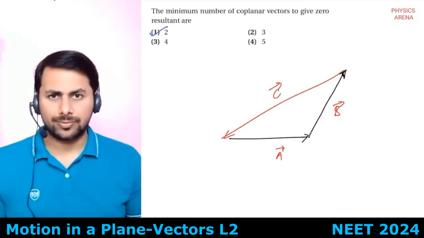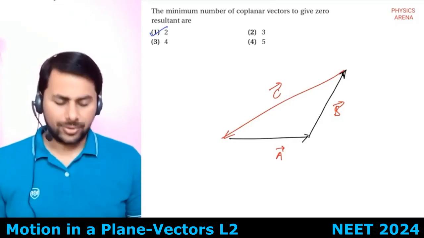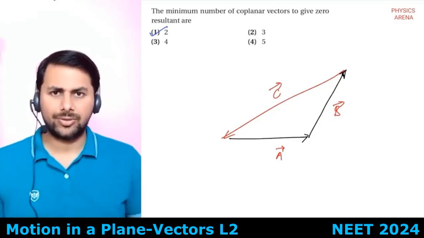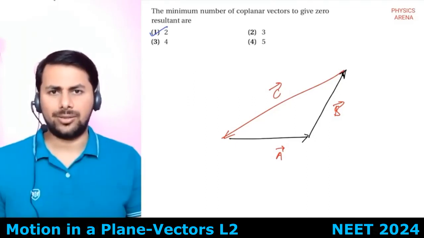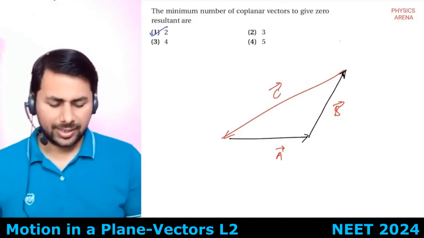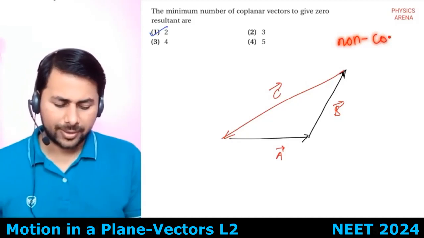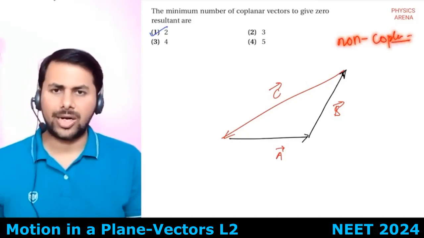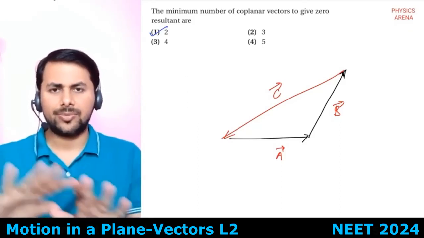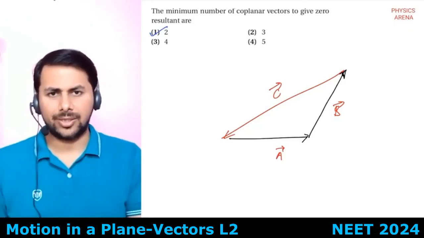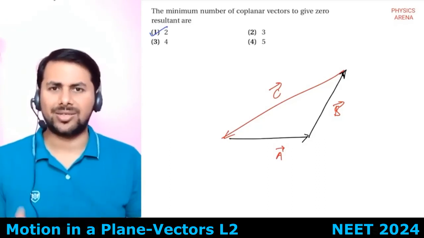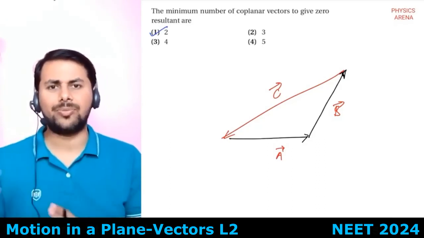Answer is no. So it means that if you have three vectors whose resultant is 0, you are still in one plane only. If the question is like this, they are non-coplanar vectors, so how many such vectors will you need? If resultant of three vectors is 0, they are still coplanar vectors. So you need at least one more vector to go out of a plane.